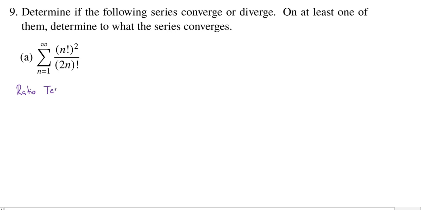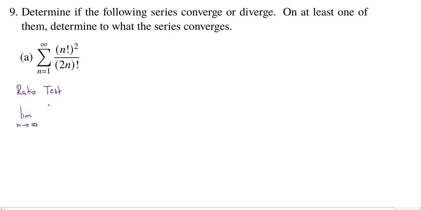So for the ratio test, I'm going to have to compute the limit as n goes to infinity of, well, normally I'd write the absolute value here, but everything we see is positive, so the absolute value won't matter. I'm going to write the n plus first term divided by the nth term.